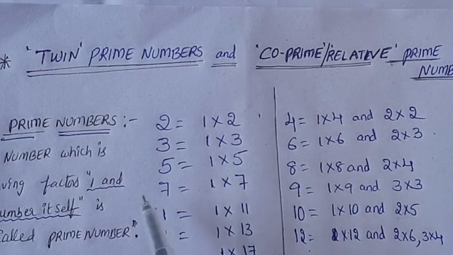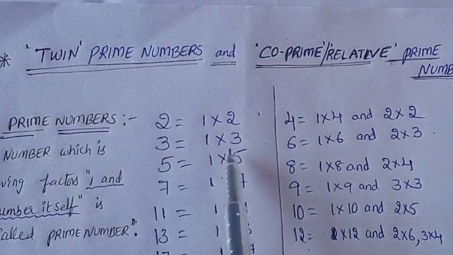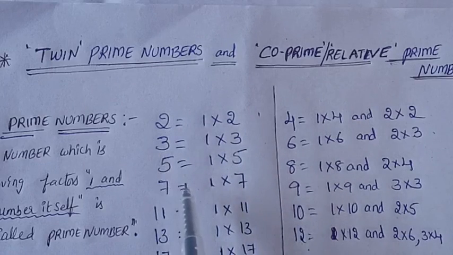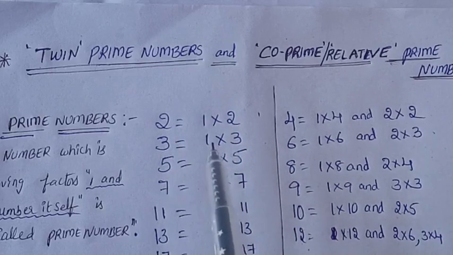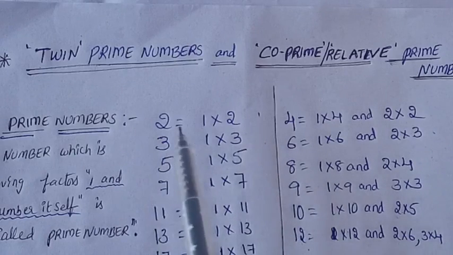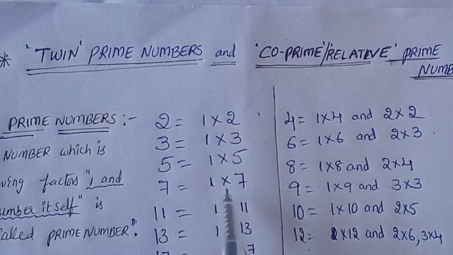Okay, now. Likewise, 3 can be written only as 1 into 3, and 5 only as 1 into 5. Is there any other way to write 2, 3, 5 as the product of two numbers or more? No. Except this way, there is no other way. 7 is 1 into 7.